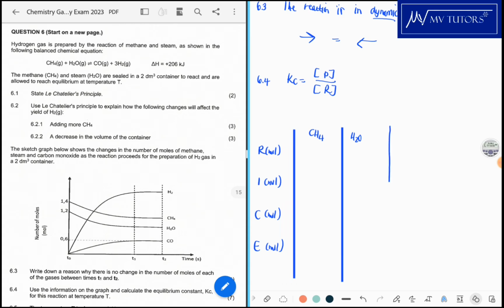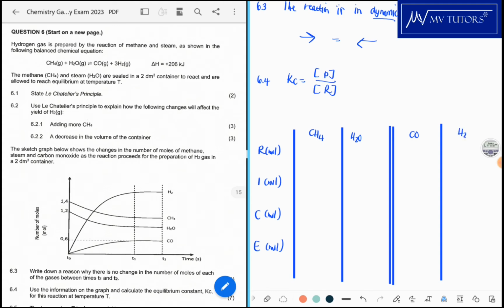And then we're going to have a double line over here to show that there's a divide between reactants as well as products. For the product side, we have carbon monoxide as well as hydrogen.